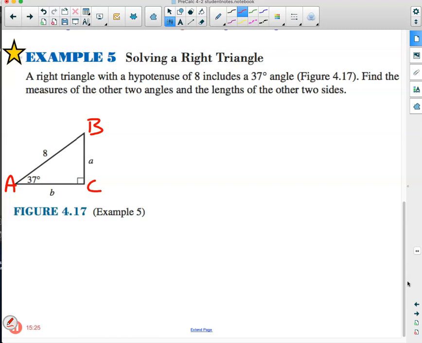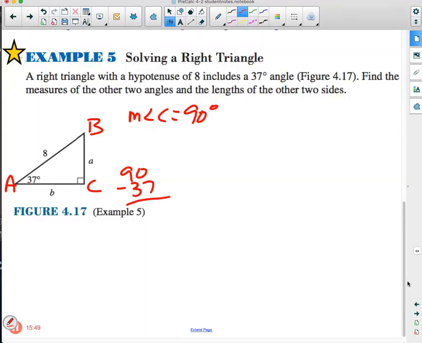Now, they told us about the 8. They told us about the 37. We can see the little square drawn there and say, oh, measure of angle C is 90 degrees. And then we remember that every triangle has 180 degrees in it. So 90 of it is already gone for angle C. That means we have 90 degrees remaining for the other two angles.